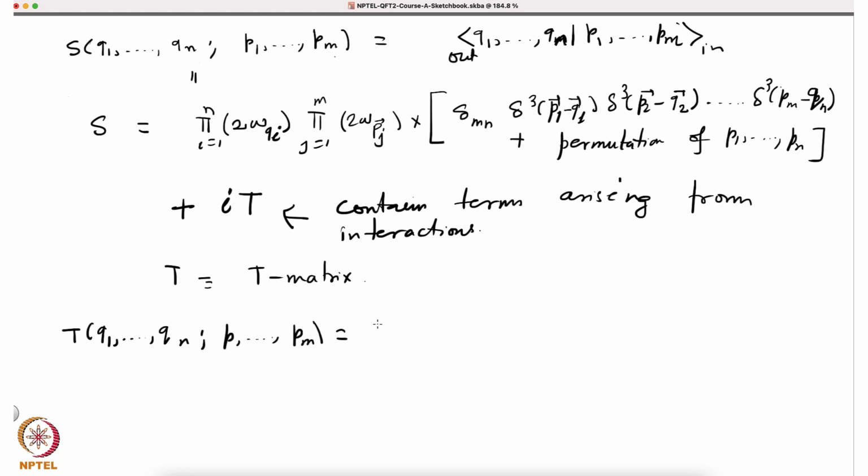You remember that when we analyzed the S matrix, we saw that we will always have total energy momentum conservation, and it was always accompanied by the factor 2 pi to the 4 delta 4, where the initial state momenta P1 and so on should equal the sum of momenta in the final state. This is the overall energy momentum conservation.